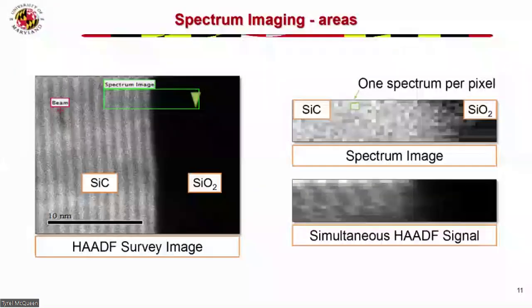At the same time, we're collecting the high angle annular dark field image from this area. So this is the same as this area. Here, this is the silicon carbide and this is the silicon dioxide layer.